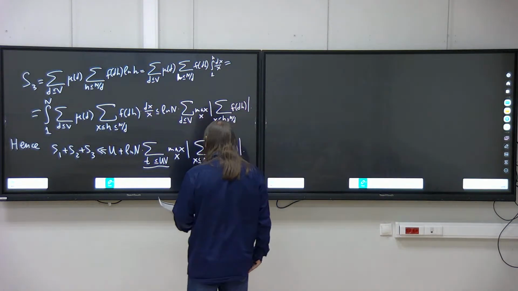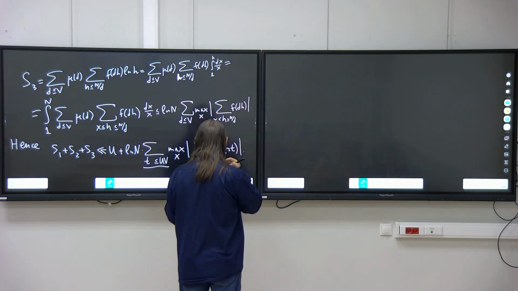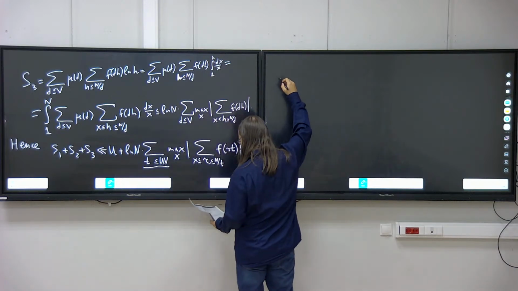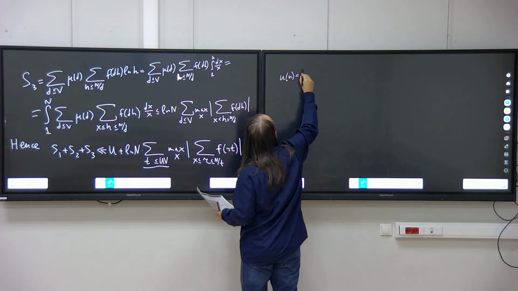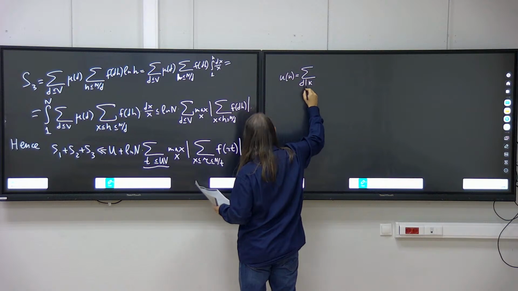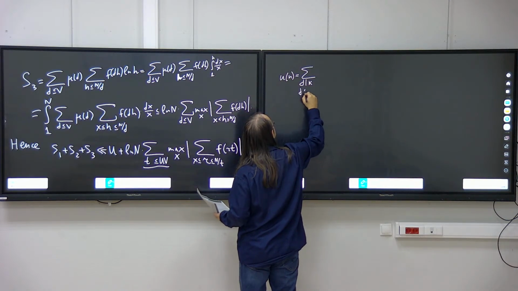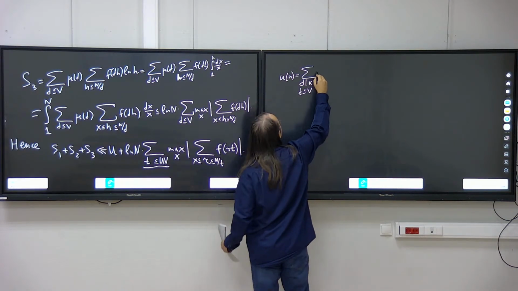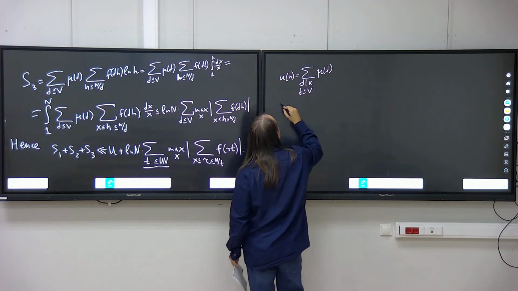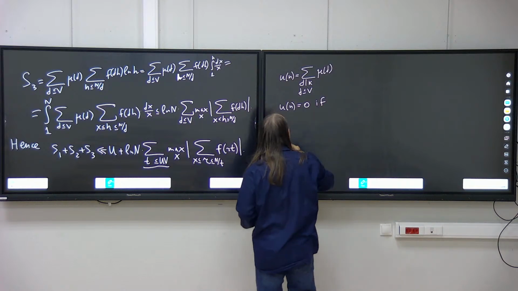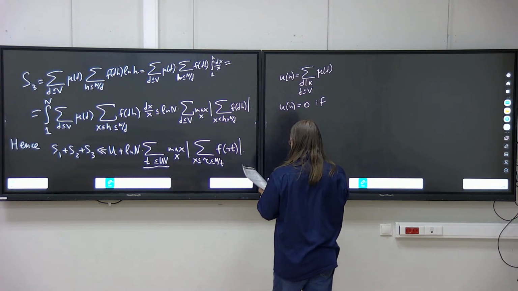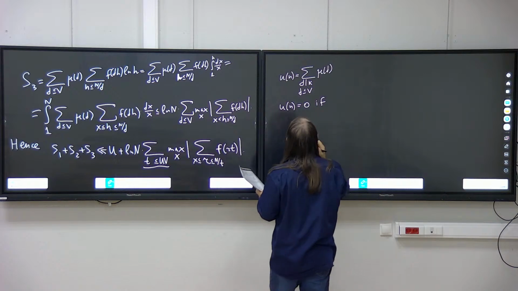So notice the following: if you take u of n, which is equal to the sum over all d dividing n, d less than or equal to v, mu of d, sorry, what is k?